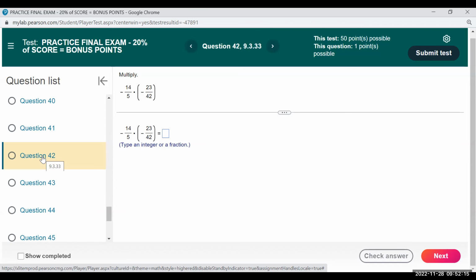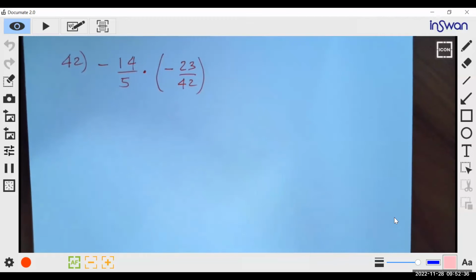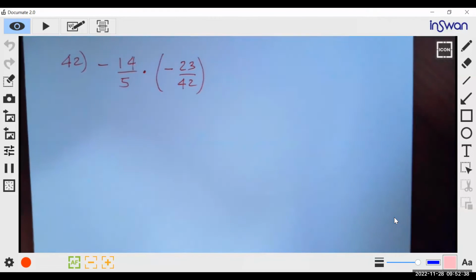Negative 14 over 5 times negative 23 over 42. Again, treat the signs and the numbers separately. Is the answer going to be positive or negative?